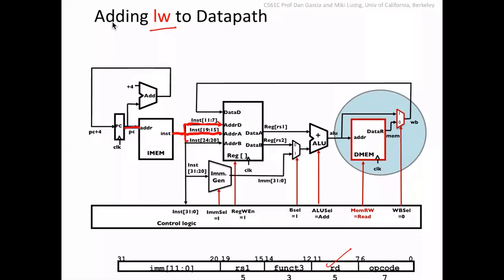So the output from this will be selected. Now reading is done from here. The output of register RS1 is available here, and the output from the second register, RS2, is available here. Obviously, we are not going to use this one.